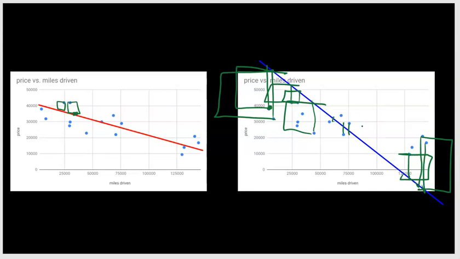Now, this is important to understand because in this blue line that I have drawn, there are positive residuals and there are negative residuals. And like I said, we like that. But just looking at positive and negative doesn't really tell the whole picture. So it's the square residuals that we actually want to be the smallest. And you don't really have to do anything with that. I'm never going to ask you to actually square the residuals.